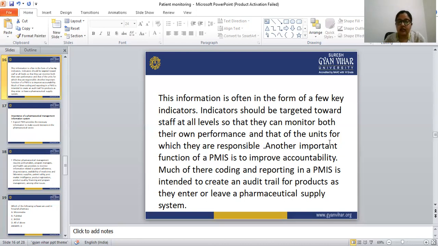So these are the PIS functions used by the pharmacy department: first clinical screening, second prescription management, third inventory management, fourth patient drug profiles, then report generation, and interactivity with other systems.